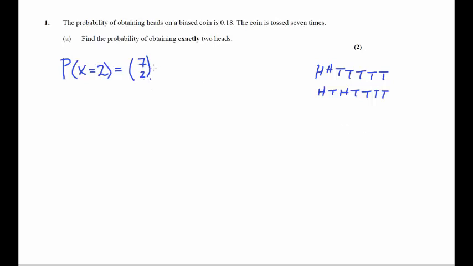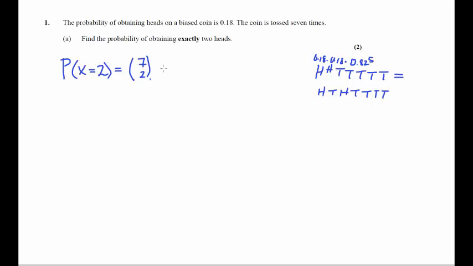And then however many combinations there are, what you have to realize is the total probability here would be 0.18 times 0.18 times then 0.82, the probability of getting a tail, 1, 2, 3, 4, 5 times. And so I'm just going to say that would be to the 5th power.